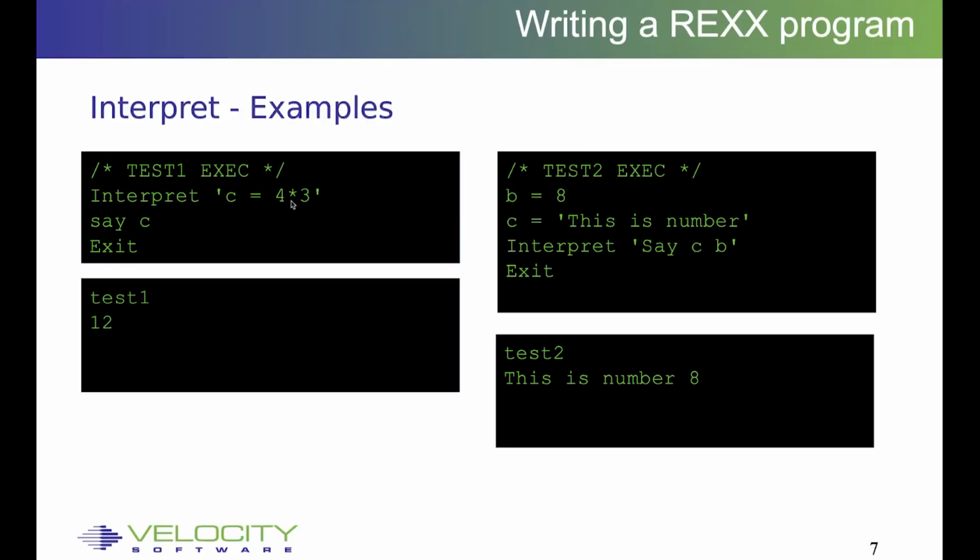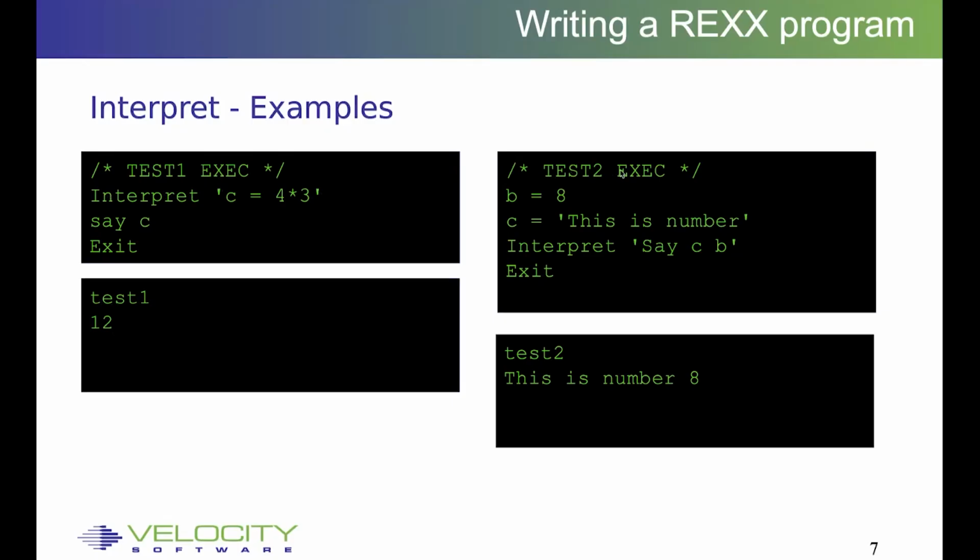I'm going to multiply 4 by 3, return the value into the C variable, and after the interpret executes this instruction, I am going to display the value of C. And when I run the command here, I just get the response 12, which is exactly what I expected. Now, of course, I didn't need the interpret instruction to do this. This is just an example of how interpret works.